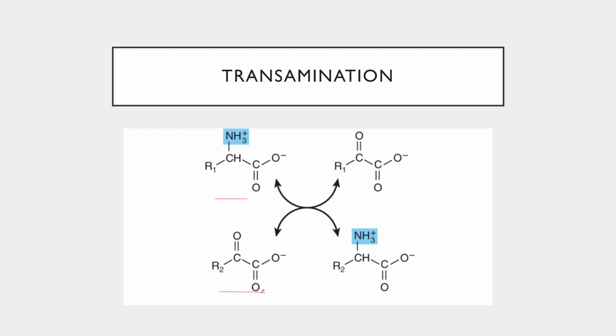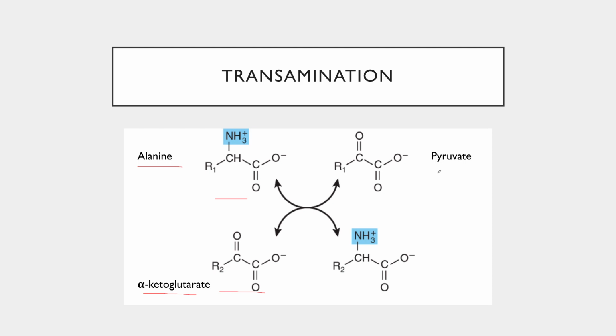So, for example, if we start here with the amino acid alanine, it can undergo a transamination reaction with the keto acid alpha-ketoglutarate. Your resulting products then are alpha-ketoglutarate with the addition of a nitrogen, and the keto acid of alanine.